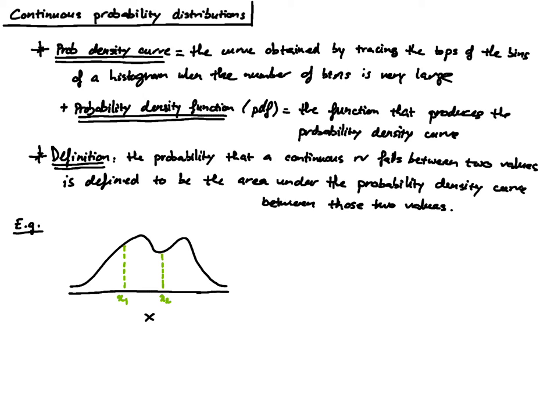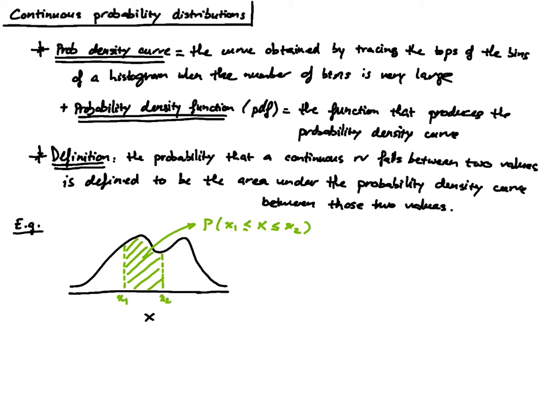Then the area under the curve between those two values, which is the shaded area here, is the probability that the variable x falls between x1 and x2. So that's the probability that x1 is less than or equal to x, less than or equal to x2. By definition. And that's why we need to understand what the probability density curve is and what the probability density function is.